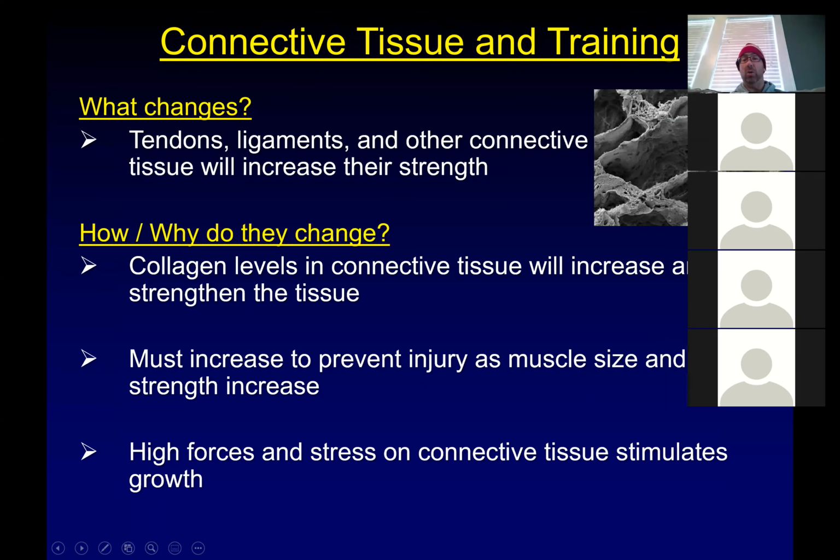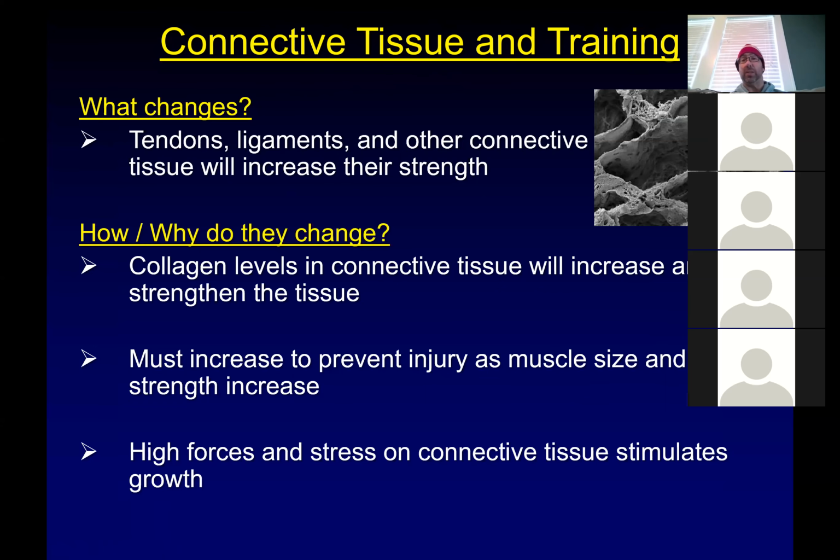One of the hallmarks in athletes that are taking steroids is they get a disproportionate increase in muscle size and strength relative to the increase in the size and strength of their connective tissues. So the muscle grows faster and gets stronger faster than their connective tissue does.